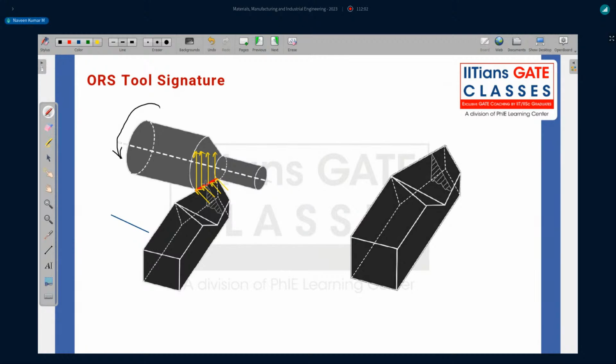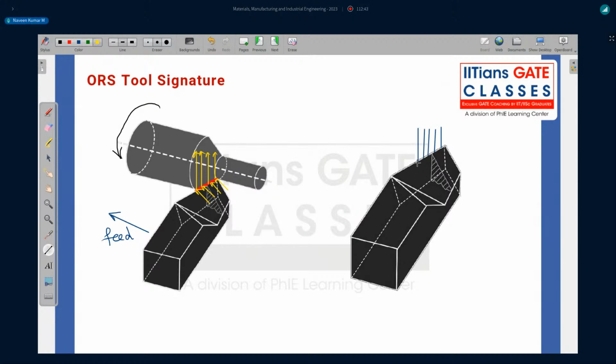So we didn't cut like this, right? In the previous case, we did not cut like this. This is your feed, right? Initially, we cut it as the reference plane, then perpendicular to that, it is cut like this. So now what is happening? There are some cutting forces happening here. These are cutting forces actually. We'll discuss why these are cutting forces, all these things, when we discuss force analysis.